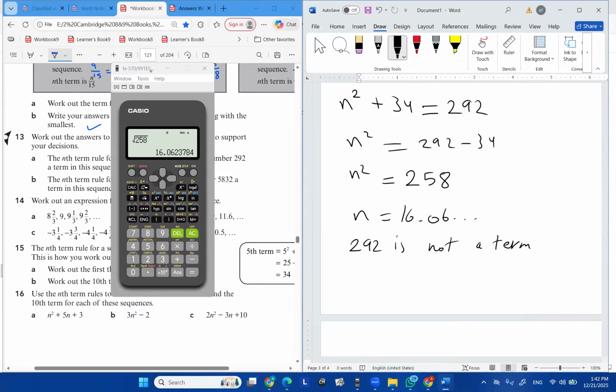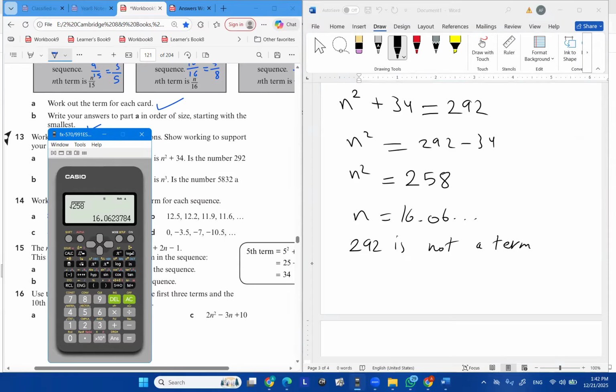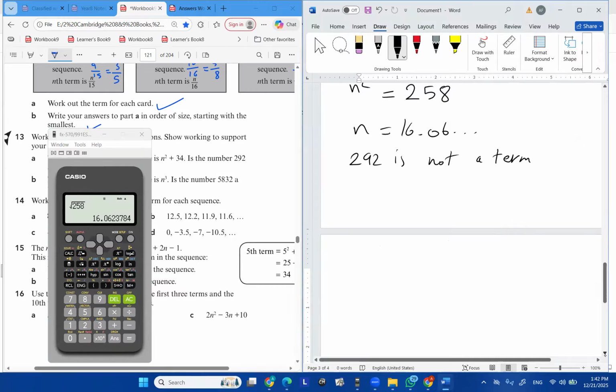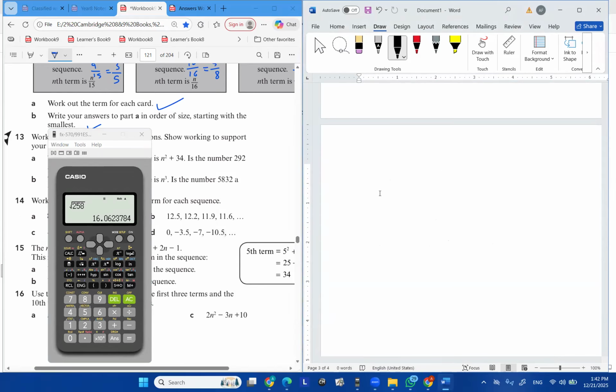Let's look at the coming one. They're saying n cubed equals 5832. Solve for n. n equals cubic root of 5832.